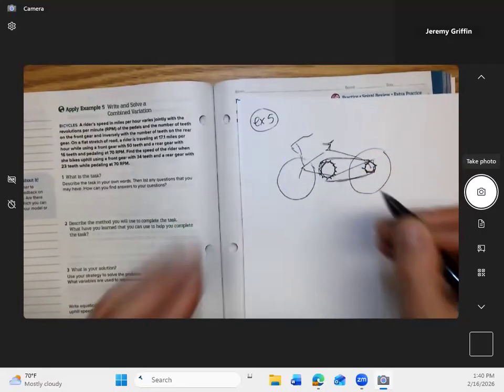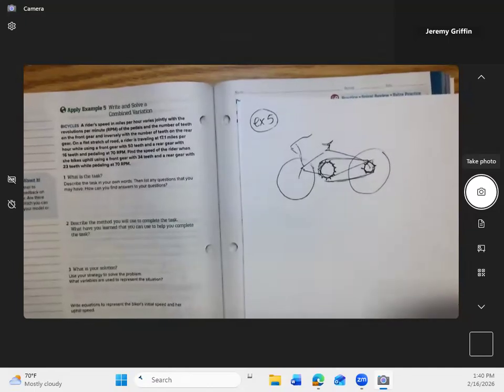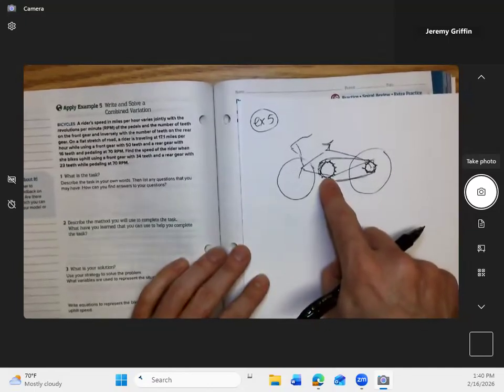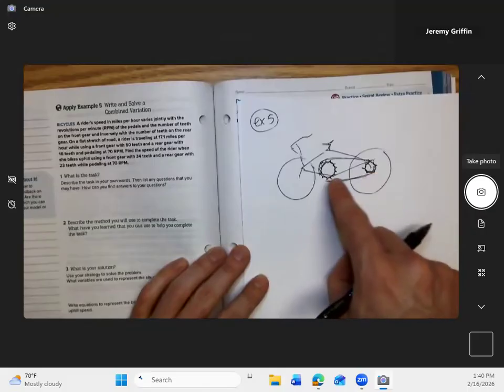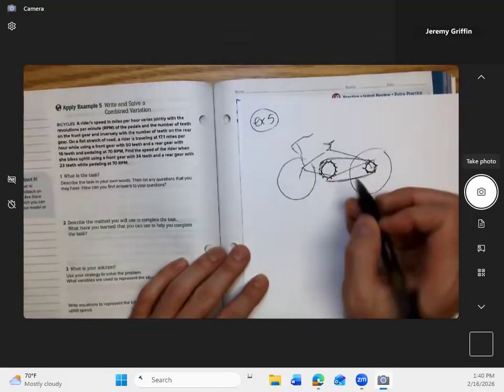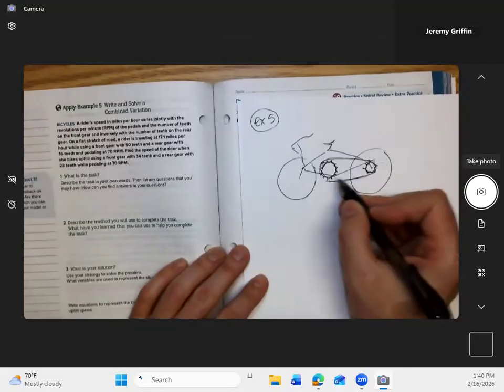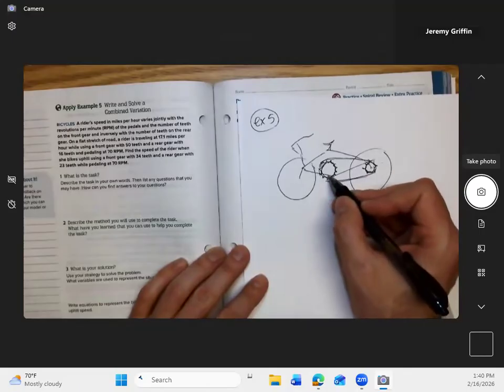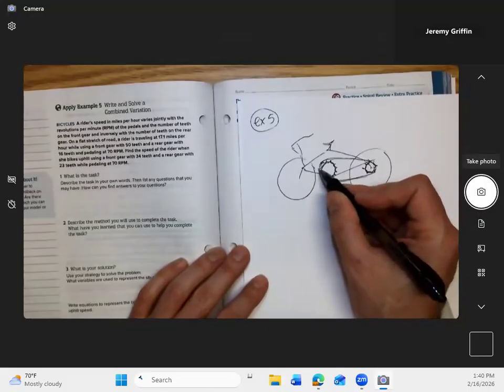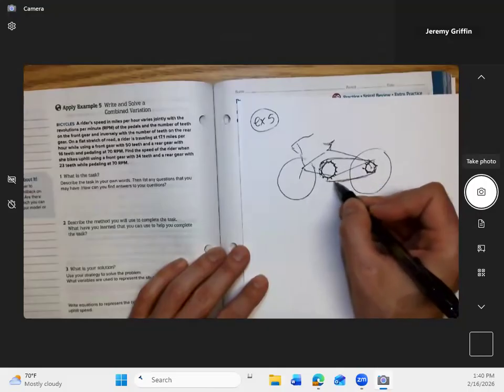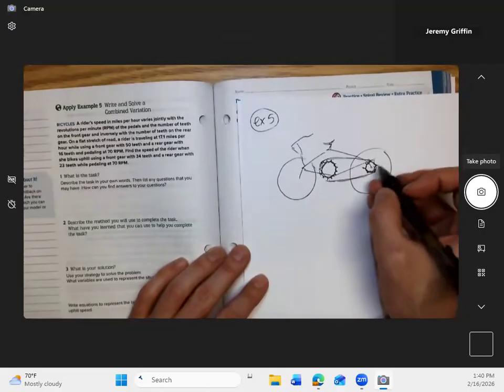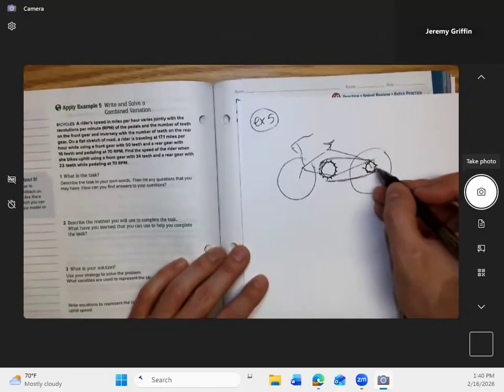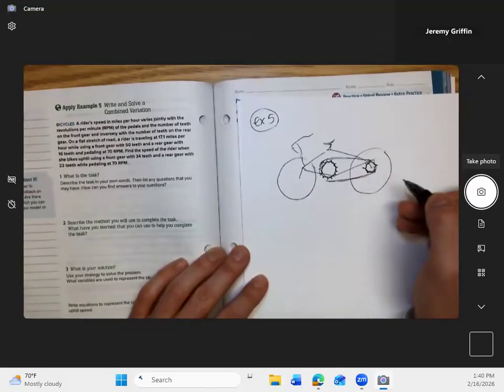Now, look how it's going to play out. Notice I drew the front gear larger than the back gear. If it had twice the diameter and therefore twice the circumference, then if this front gear makes one complete revolution, the chain moves so far and moves the same linear distance on this gear, which means that this back gear would actually make 2 revolutions.